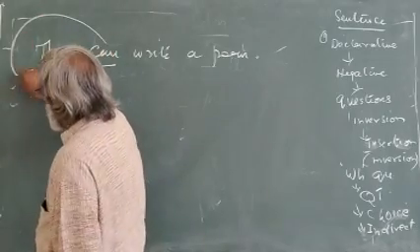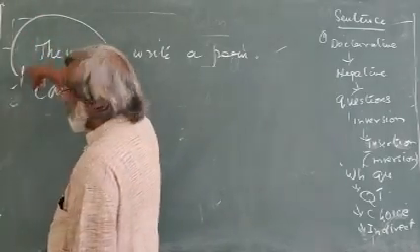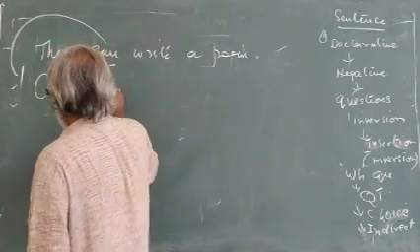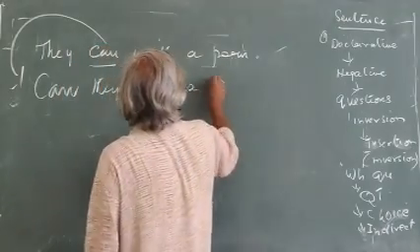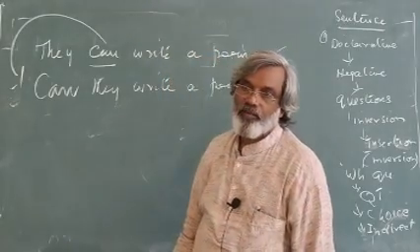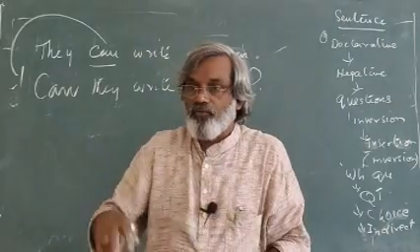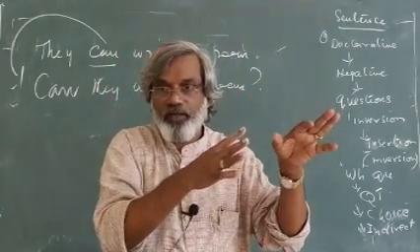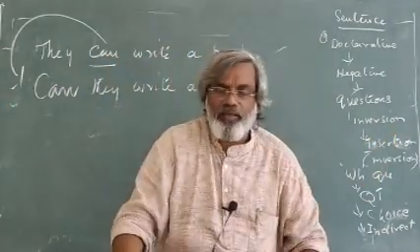You invert it to the front and you get: Can they write a poem? Put a question mark. This is applicable to all sentences which have POX, primary auxiliaries, and modal auxiliaries. You can easily make a question.